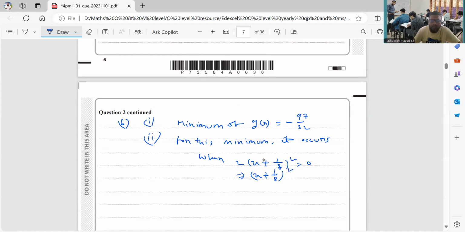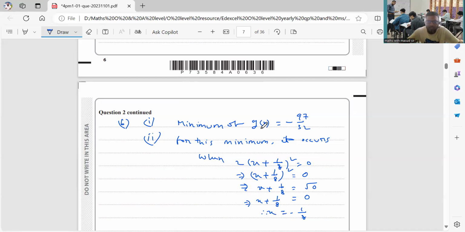So these two will be divided: 0 divided by 2, that is 0. 0 divided by any number will be 0. And taking the square root of the square, x plus 1/8 will also be 0. So x plus 1/8 equals 0, and finally you get the x value, x equals minus 1/8.